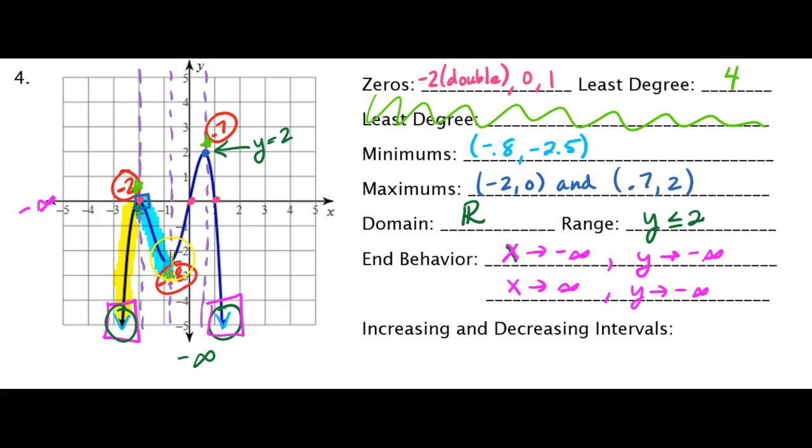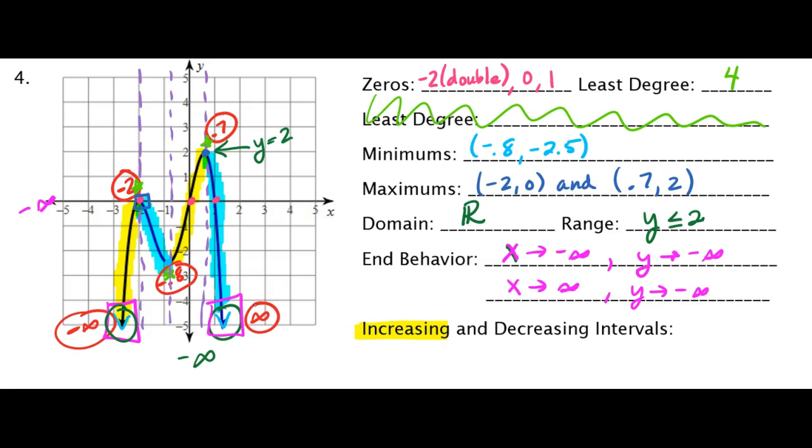Then it's going to switch again and become increasing, and then it's going to switch one more time and become decreasing. So I have 2 increasing intervals and I have 2 decreasing intervals. The first thing I'm going to do is my increasing intervals, and I'm going to do each one. One other thing I want to put on here, we're going to need infinity and negative infinity. Just remember that as you go to the left, that's going to be negative infinity, and as you go to the right, that's going to be positive infinity.